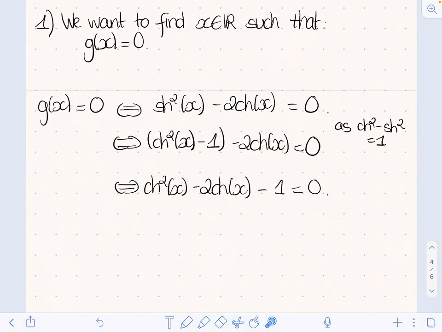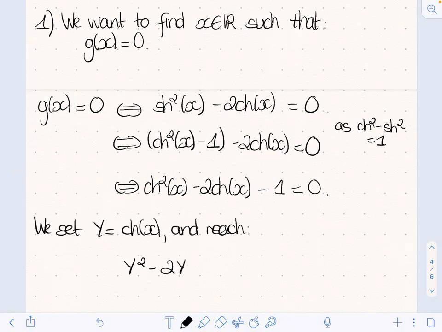So we're going to do that and set, for example, y equal to CH of x, and reach y squared minus 2y minus 1 equal to 0.